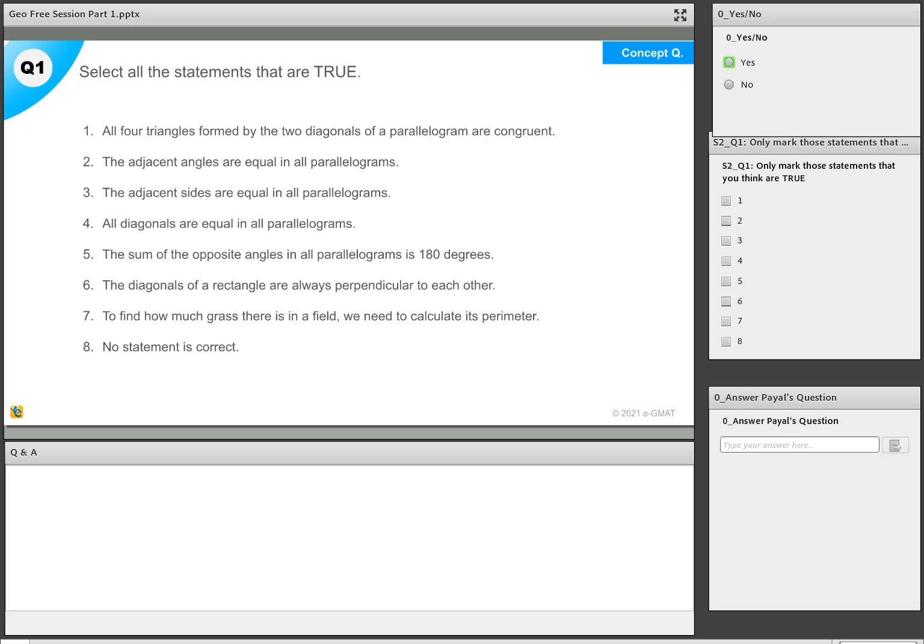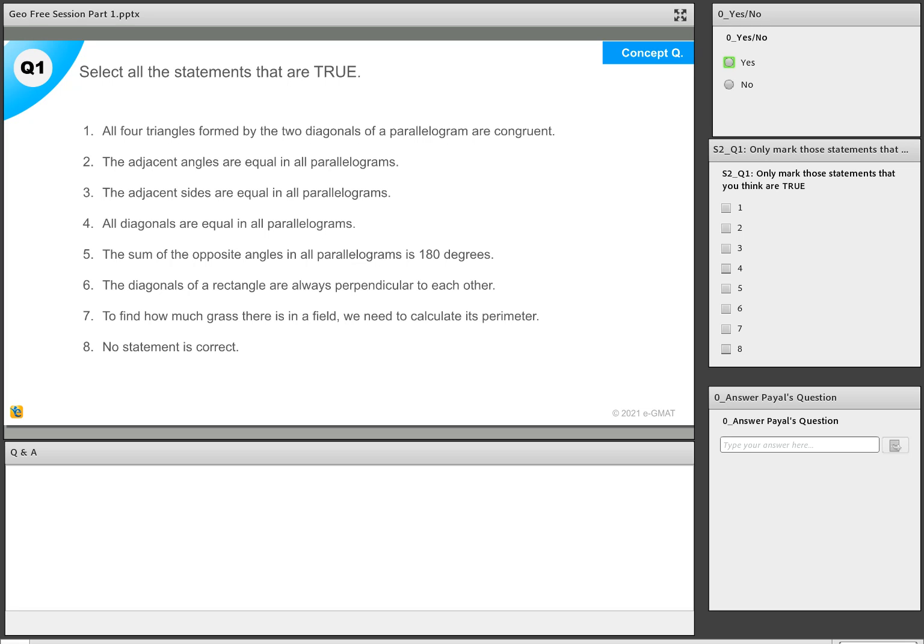Now write down yes if you are done making your selection so that I can give you another question which is along these lines. Select no if you're still in the process. That way I know how many people are actively engaged. Okay, thank you.